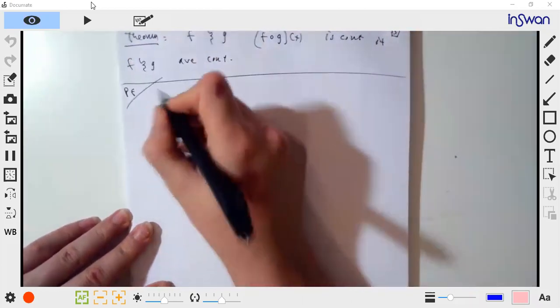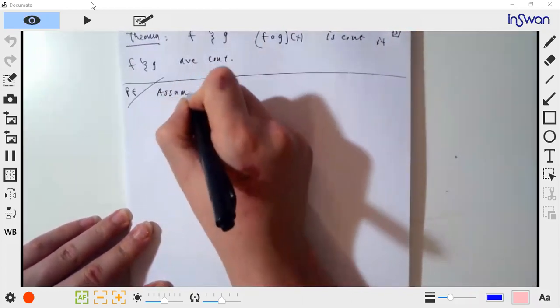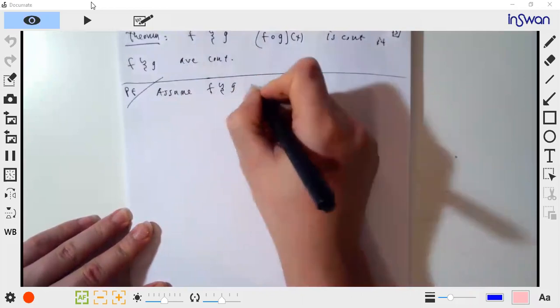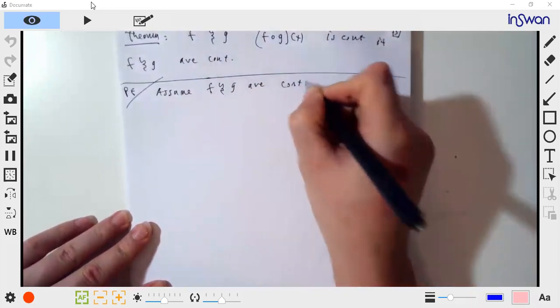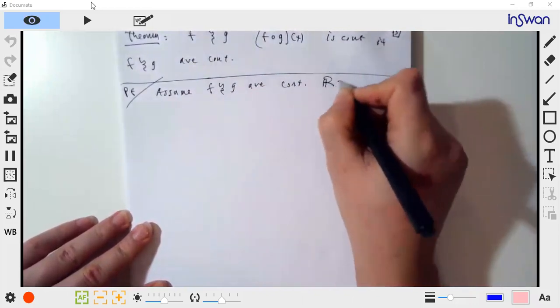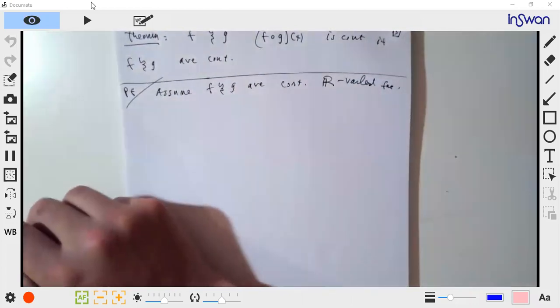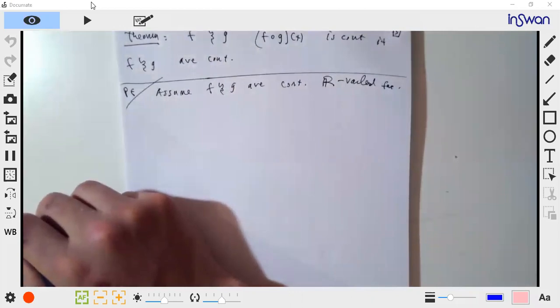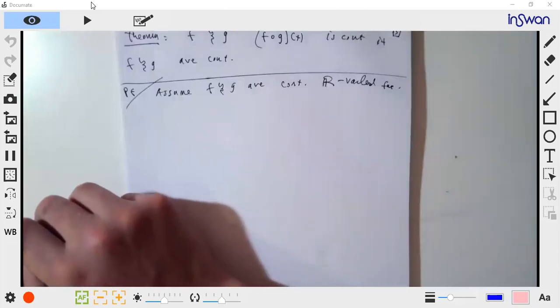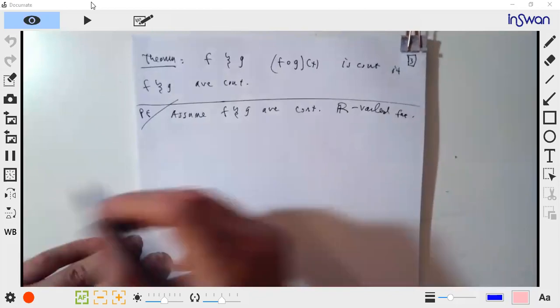So let's assume f and g are continuous real valued functions. What does that buy us? Well, that means the limit as x approaches k of f of x is equal to f of k, and that the limit as x approaches k of g of x is equal to g of k. That's going to come in handy.